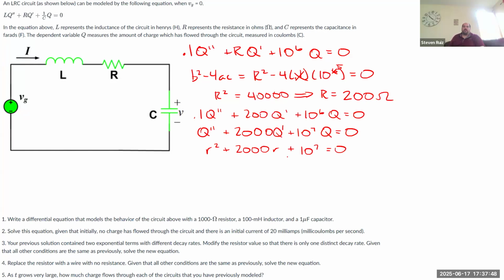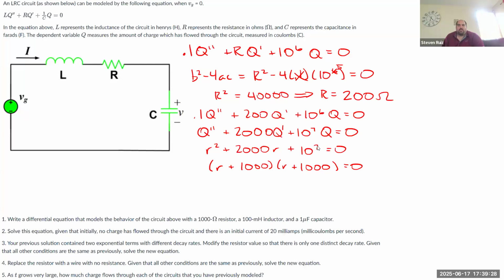This should be a perfect square, specifically r plus 1000 squared. All right, now that I'm looking at this, this will not work, because if I were to FOIL this out, 1000 times 1000 is not 10 to the 7th. So let's go back and debug.